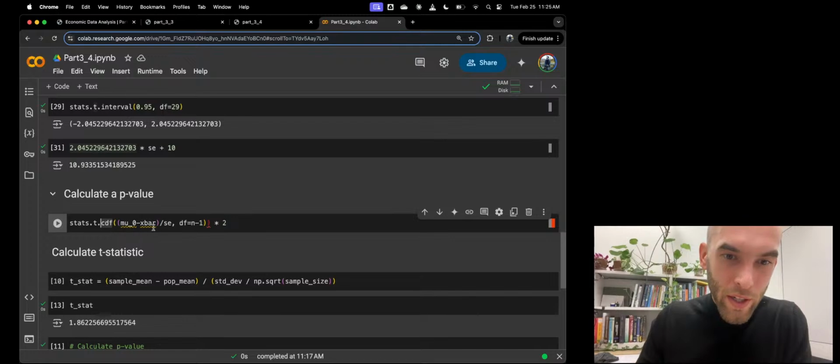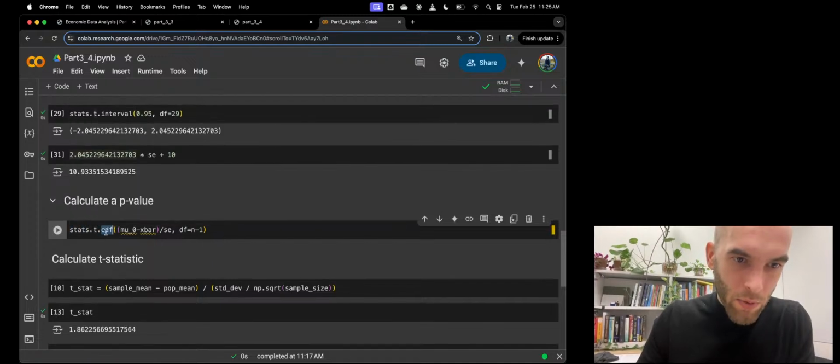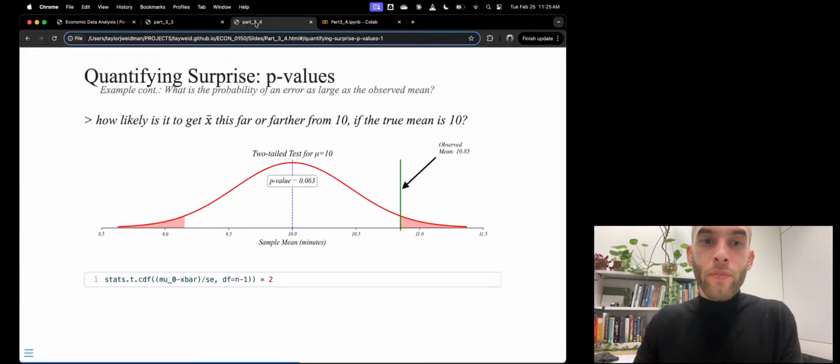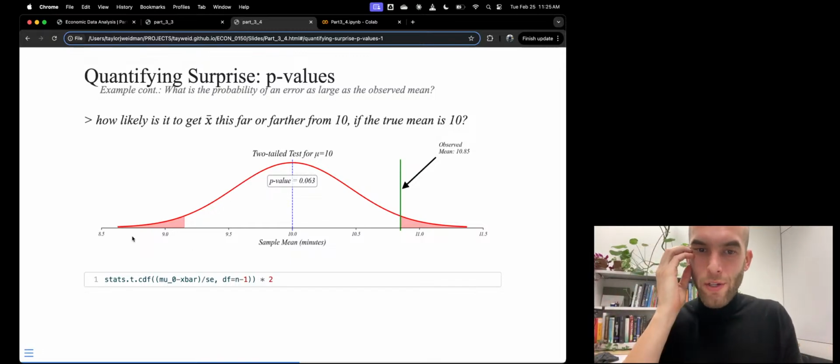What we're doing first is looking at the stats t module, and then we're going to find the CDF. You'll remember this is everything up to a certain point under the curve. So we're actually going to try to find the area of this tail first, and then, because the t distribution is symmetric, we're just going to multiply by 2.